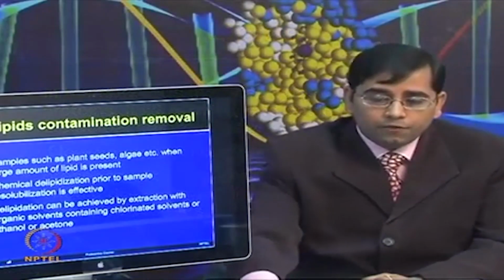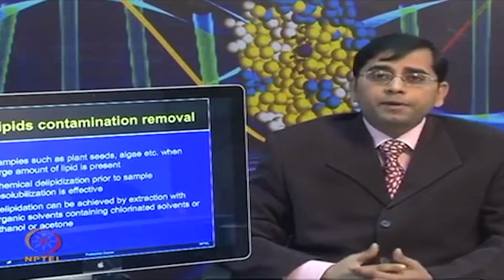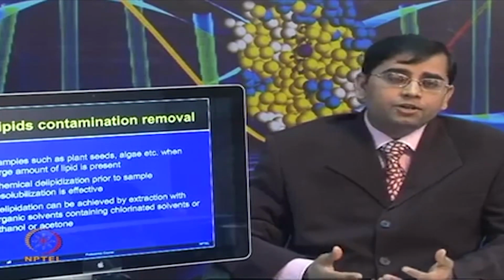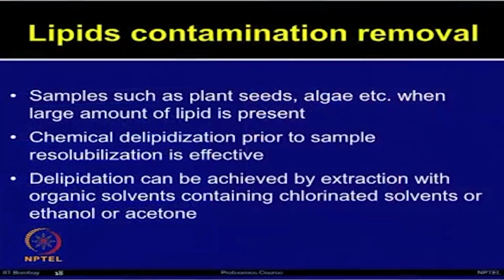But if your samples are very rich in lipid contamination, few samples which are intrinsically rich in the lipids such as plant seeds or algae, you need to treat the samples using chemical delipidization prior to the sample resolubilization.